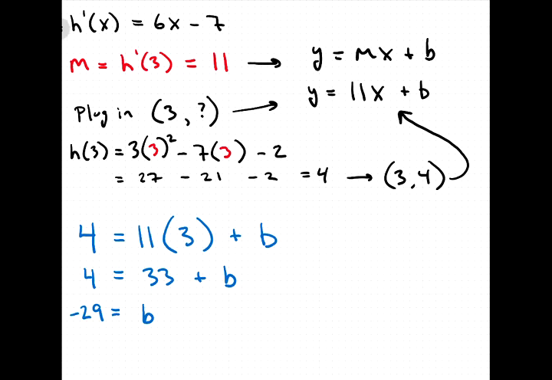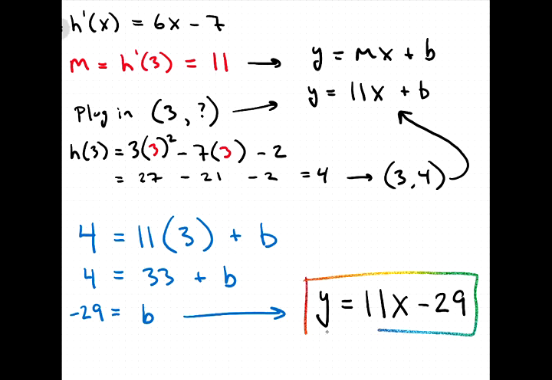Okay, so now we have our slope is 11, our y-intercept is negative 29. So the equation of the tangent line, y equals mx plus b, y equals 11x plus negative 29 or minus 29. And there is the equation of the tangent line to the graph of h of x when x is equal to 3.